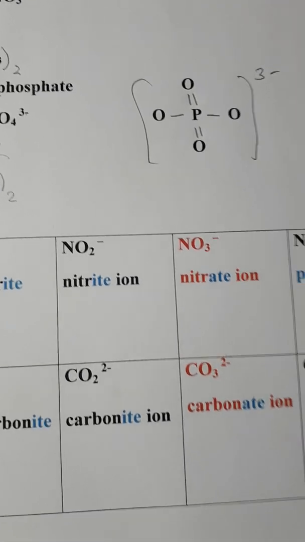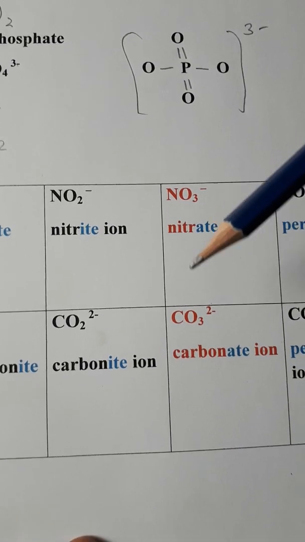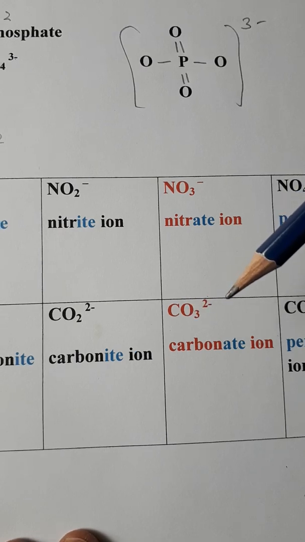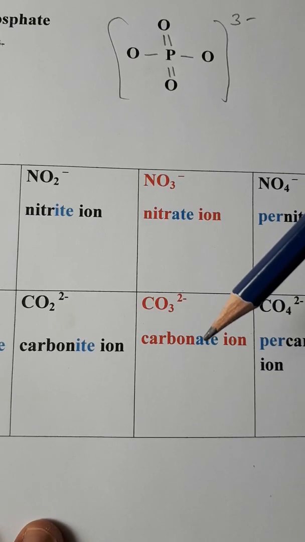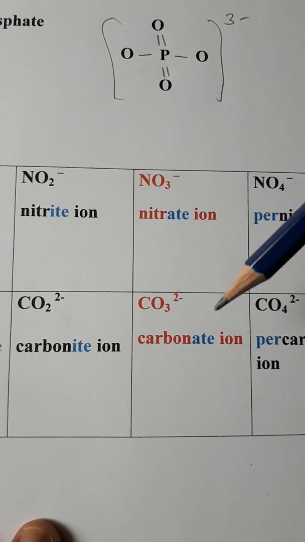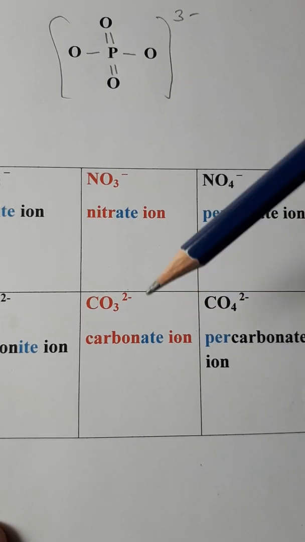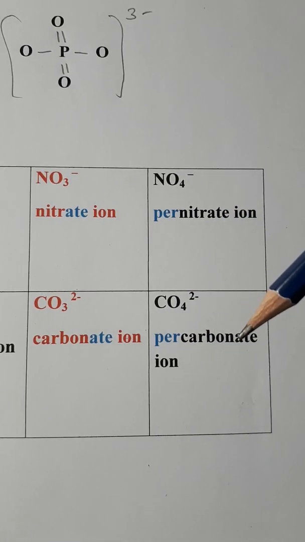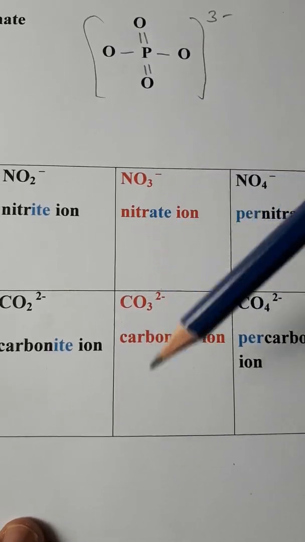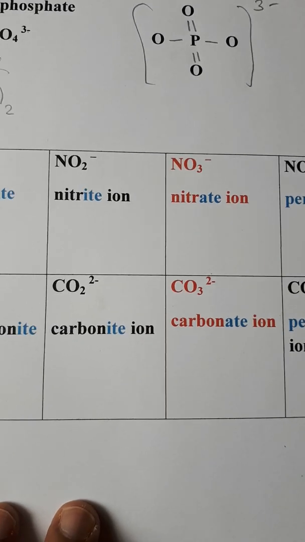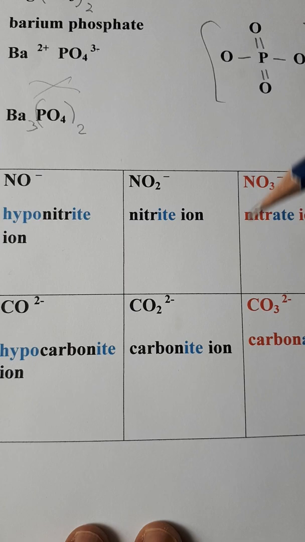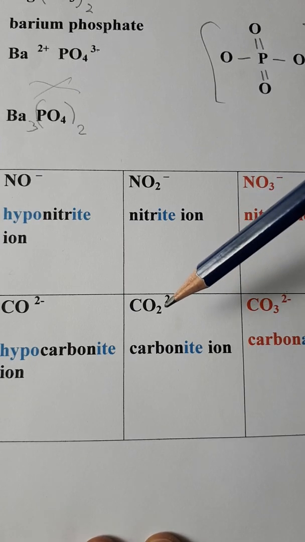Now if you go to carbonate ion, carbonate, CO3 2-, ate carbonate. If you add one more oxygen, it becomes CO4 2-. So as before, it's called percarbonate ion. If you go to the left from this red color group, remove one oxygen, it becomes CO2 2-.